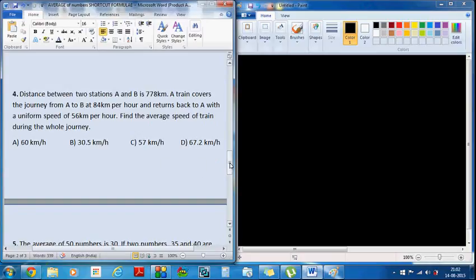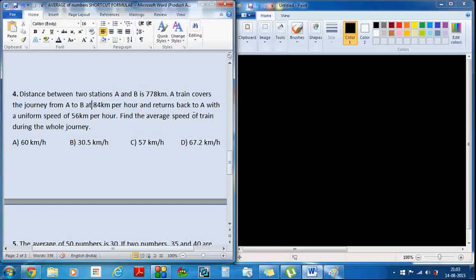So what is the question given? The train covers from A to B at 84 kilometer per hour speed. Kilometer per hour is the unit of speed.